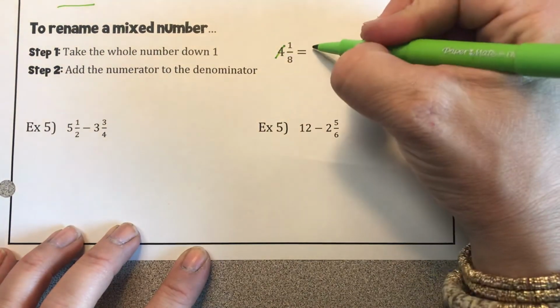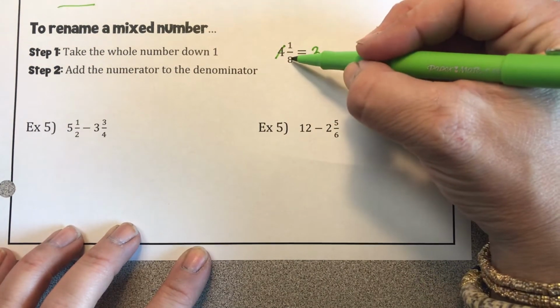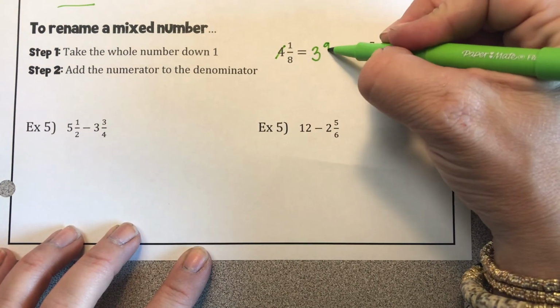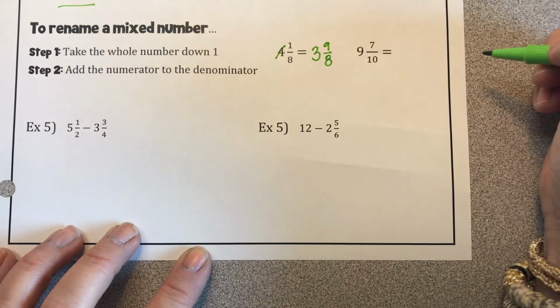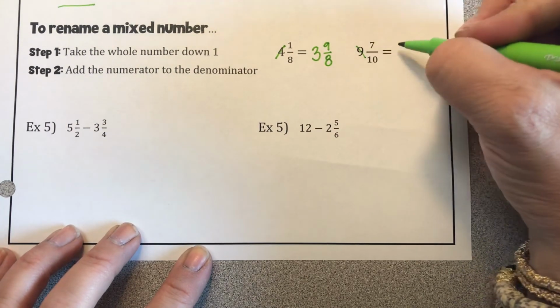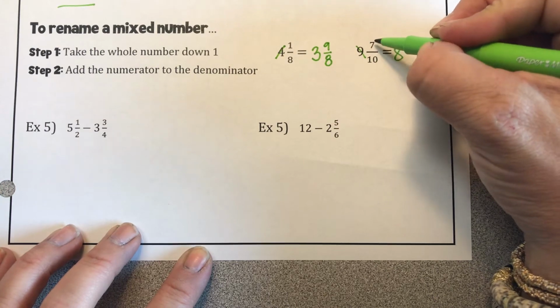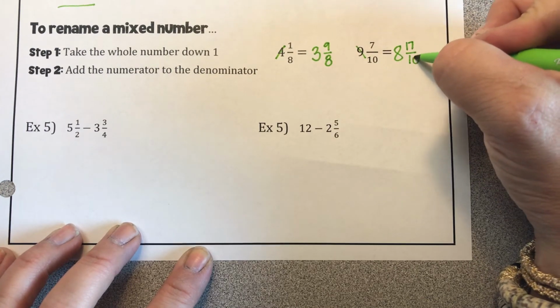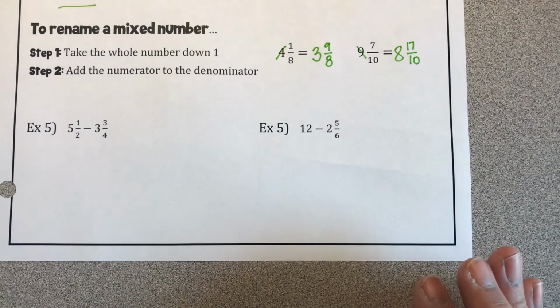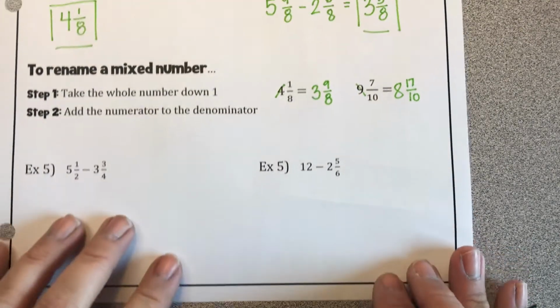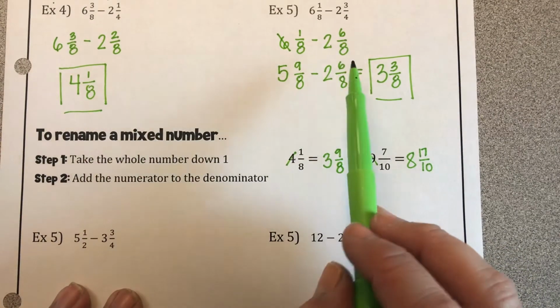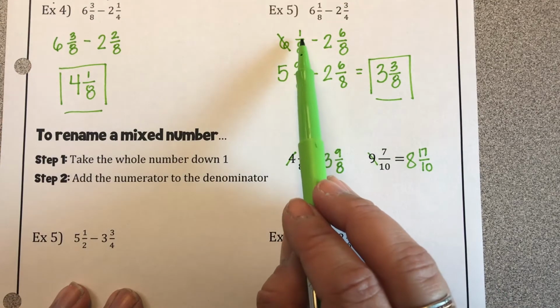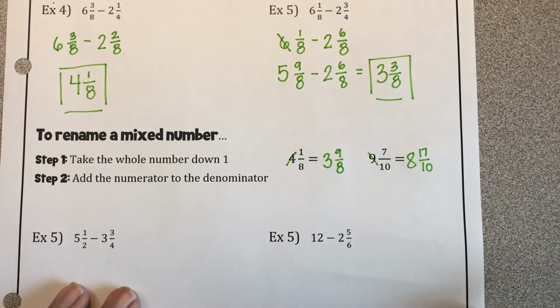So 4, I'm going to take it down to 3, and then what's 8 plus 1? 9/8. I'm going to take 9 down to 8, and then 10 plus 7 would be 17/10. Okay, so you only have to rename it when you're subtracting, and the first numerator is smaller than the second.